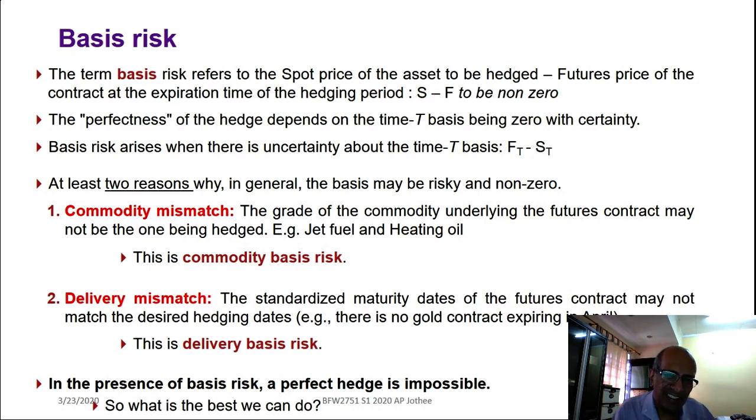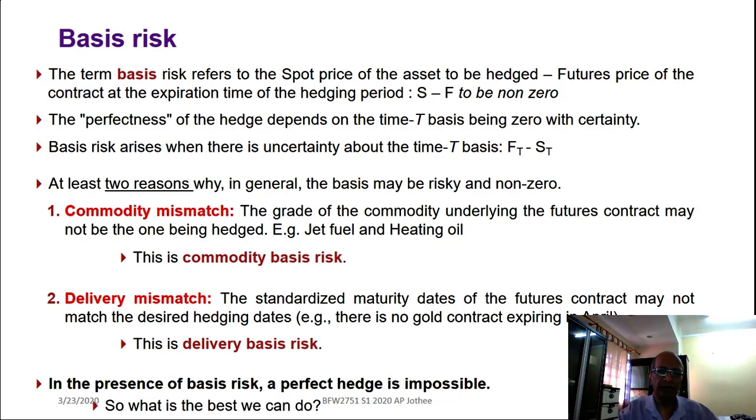So the basis risk arises from the uncertainty about the basis at time T, that is F_T minus S_T: the futures price at time T of that underlying, against the spot price at the terminal time T of a different commodity, will create basis risk. We can summarize that there are two reasons for this.